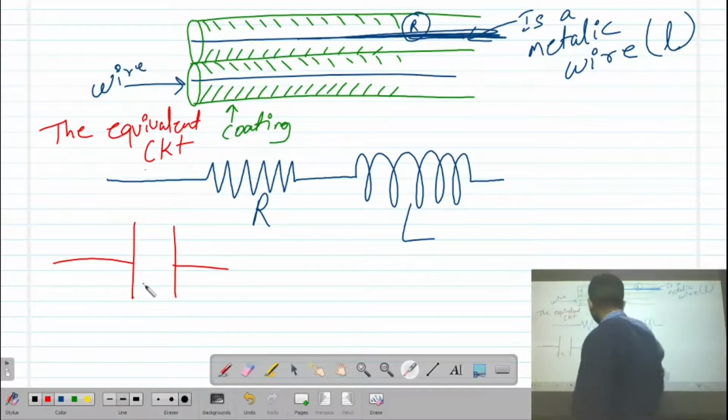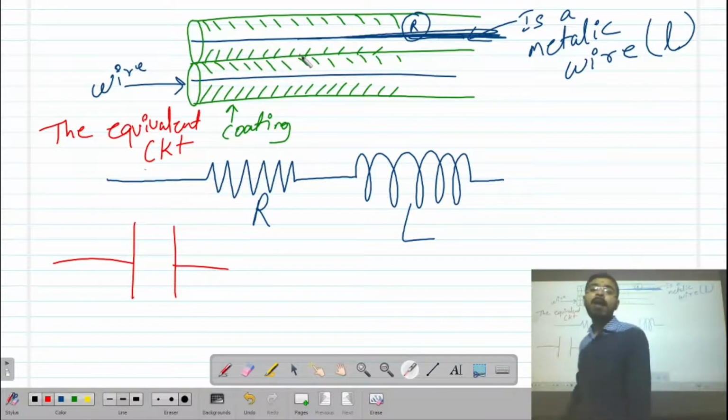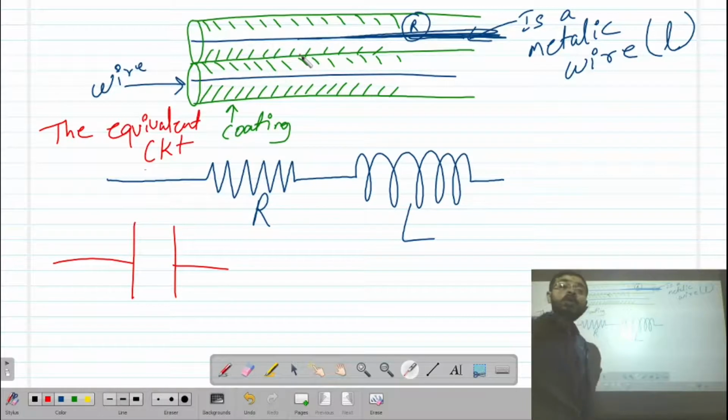Over here also, you can see that this wire and this wire can be considered as conducting plates, and the coating material can be assumed as a dielectric material. So you will have a formation of a capacitor in the two-wire transmission line, right?